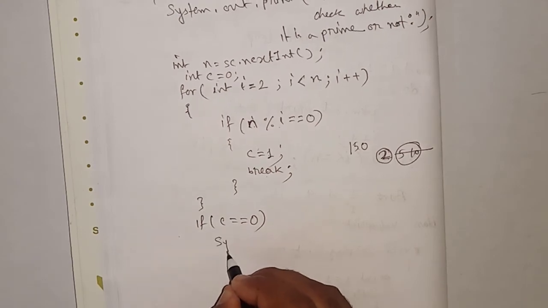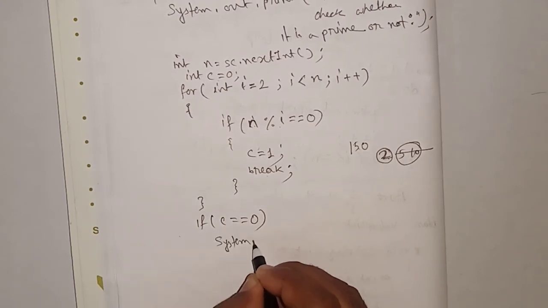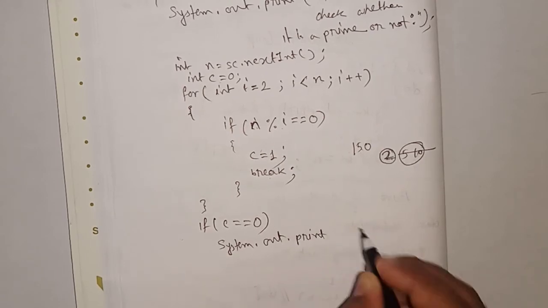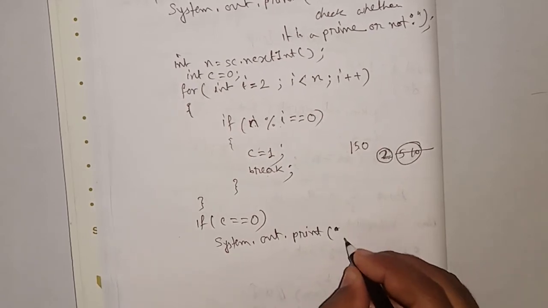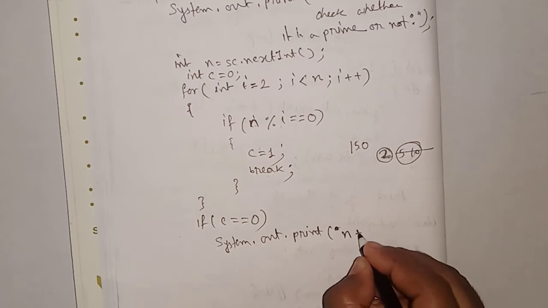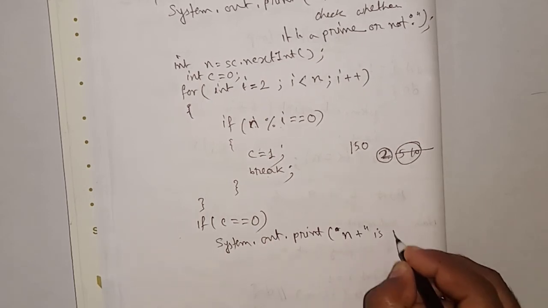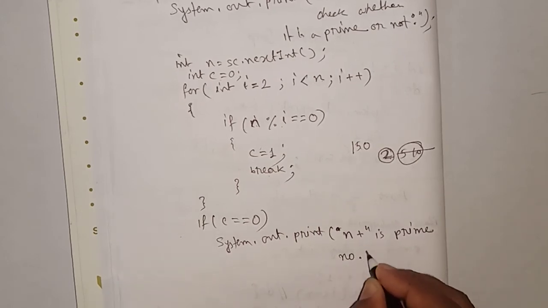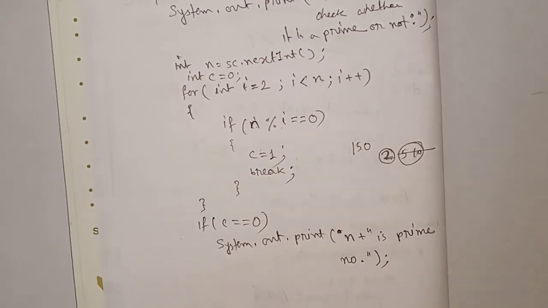So we print System.out.print n plus is a prime number. Okay, program complete.